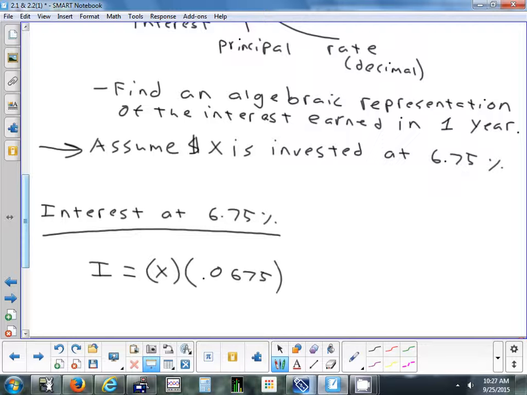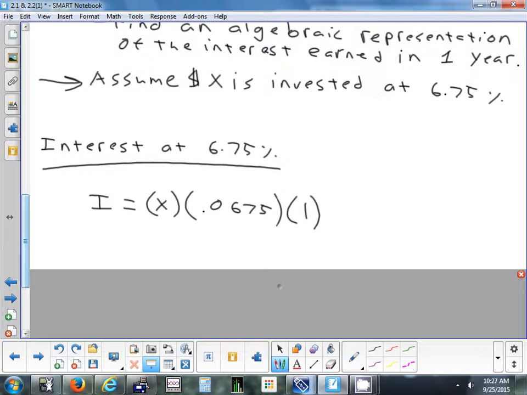Interest equals principal times rate times time. In this case, I really don't even need the time because the time is just 1 year. But there's our interest at 6.75%. And we could write that how we normally do. When we have a number next to a letter, we usually put that in front. And there's our first amount of interest he's going to earn at the lower rate investment.